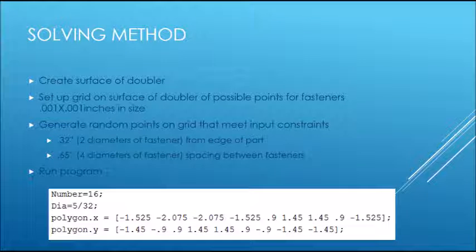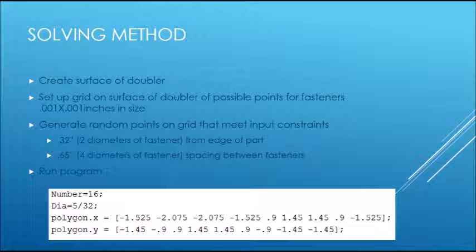So next I was going to run the program and see how it turned out. So the input, here's a couple lines of code from my program, and you can see what you have to put in there. First is the number of fasteners, which is, in this case, I counted from the previous picture, 16 is what I determined to be the manually found optimal points.